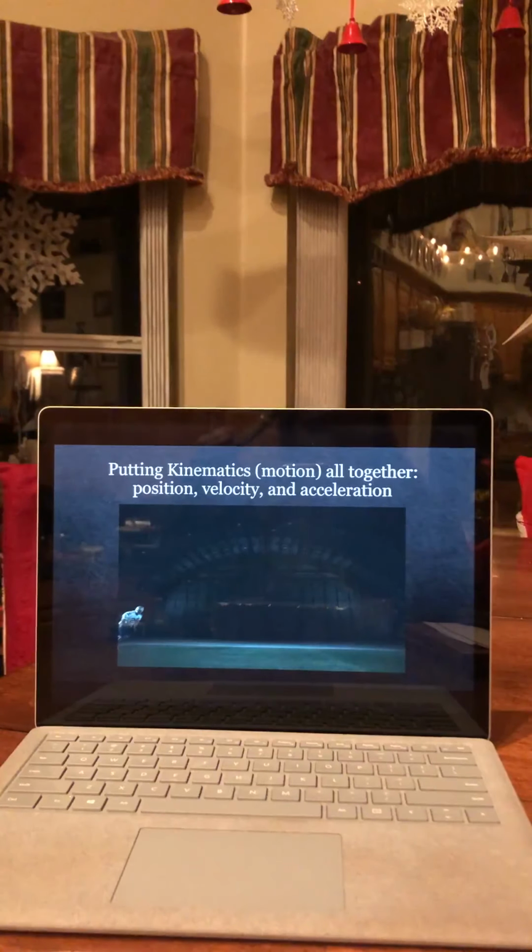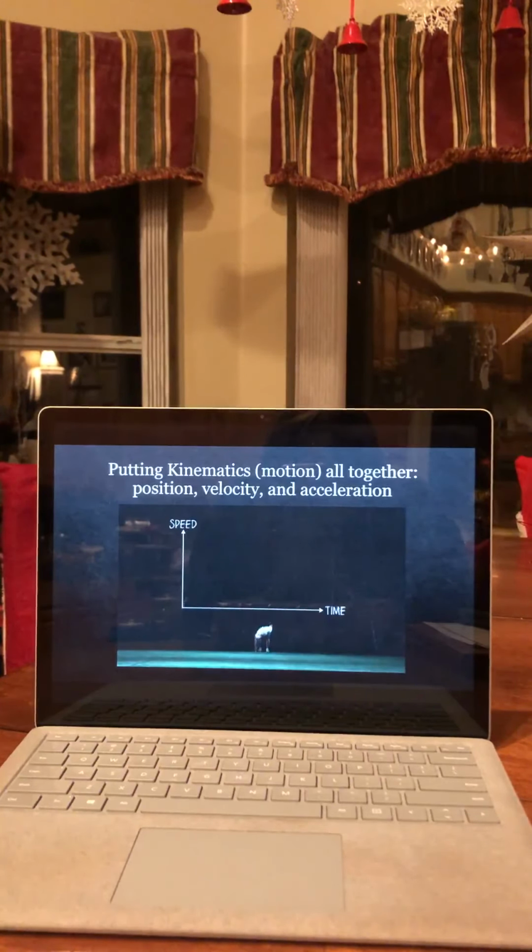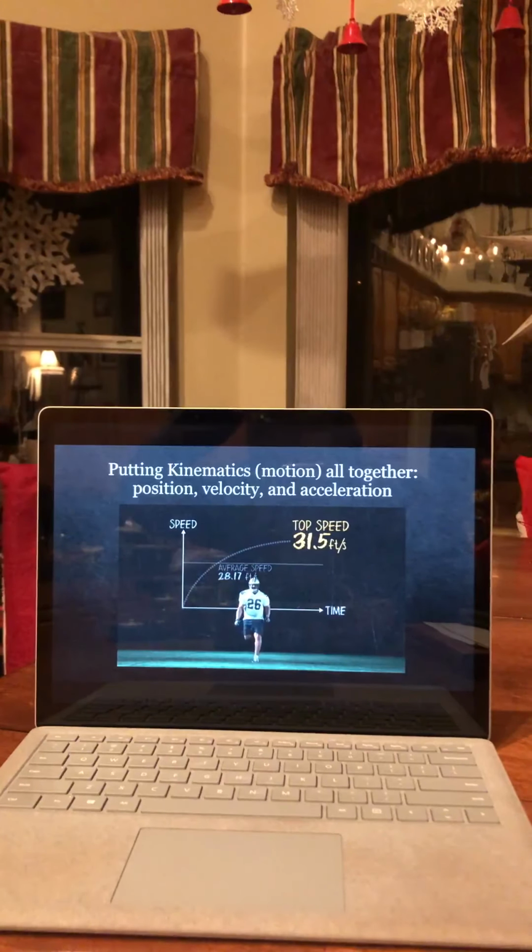To understand acceleration, consider again McAllister's 40-yard dash. While his average speed is 28.17 feet per second, his instantaneous speed varies. He starts with 0 speed and then increases his speed, or accelerates, until he reaches a top speed, let's say hypothetically 31.5 feet per second.